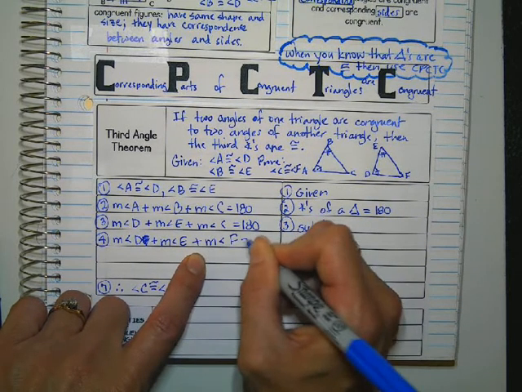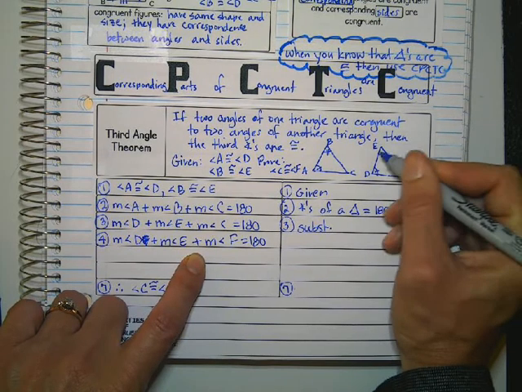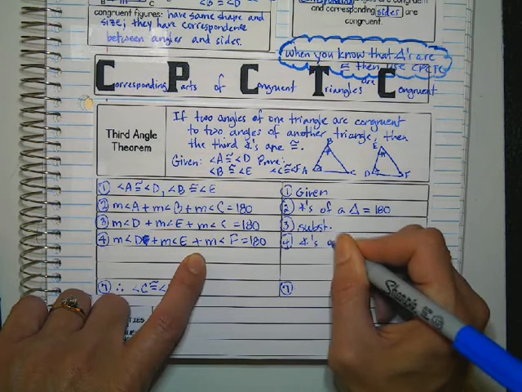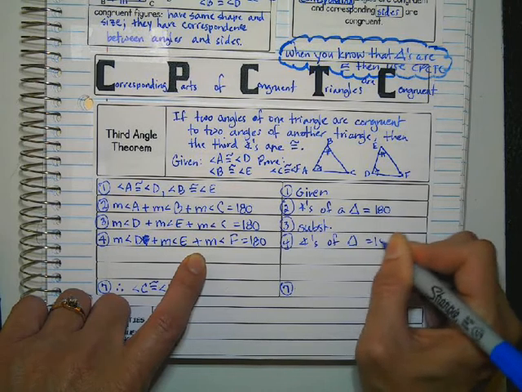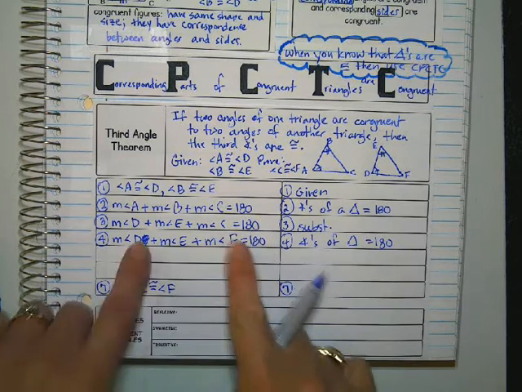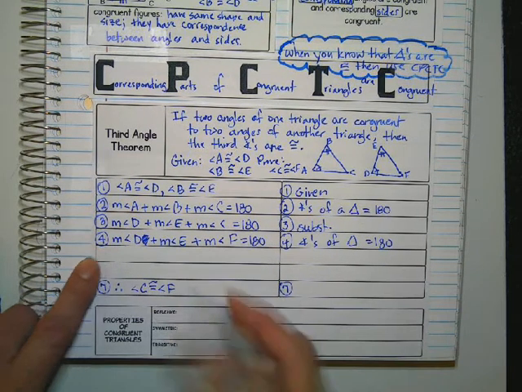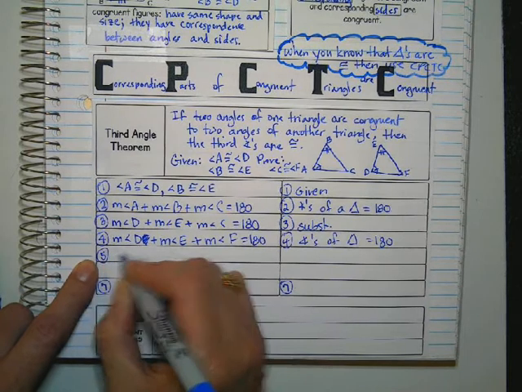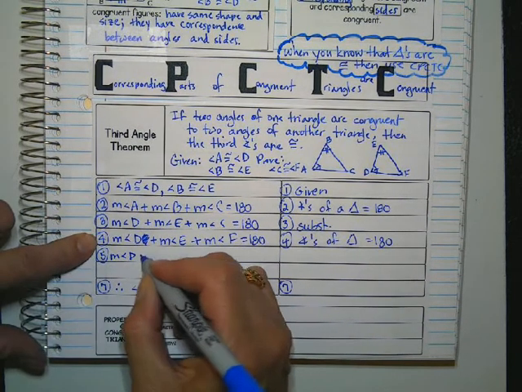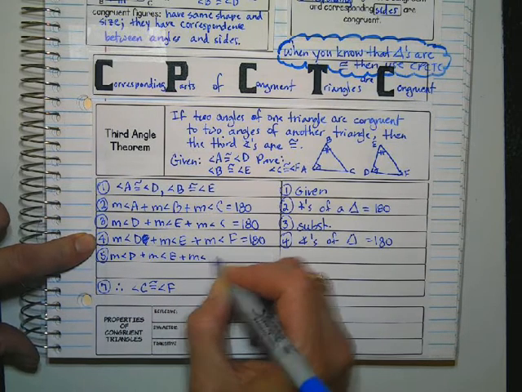Alright, now since these both equal 180, we can set them equal to each other. So the measure of angle D, I'm looking at step 3 and 4, plus the measure of angle E plus the measure of angle C equals the measure of angle D plus the measure of angle E plus the measure of angle F. And we'll call that substitution, because they both equaled 180.